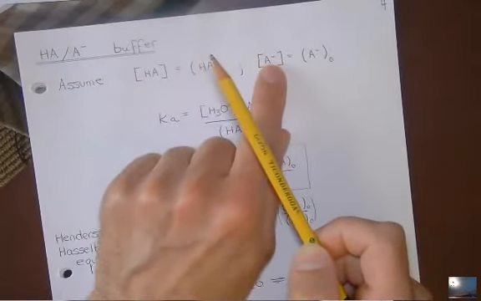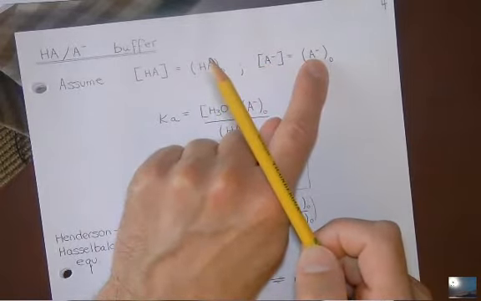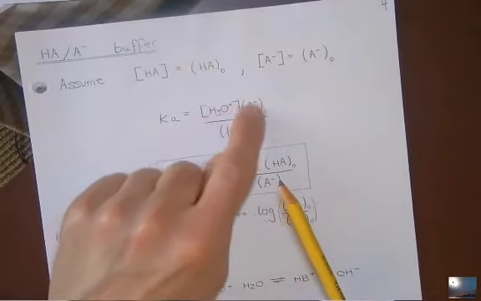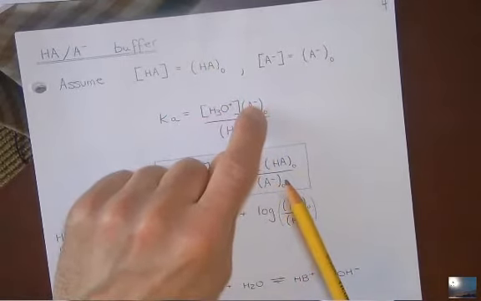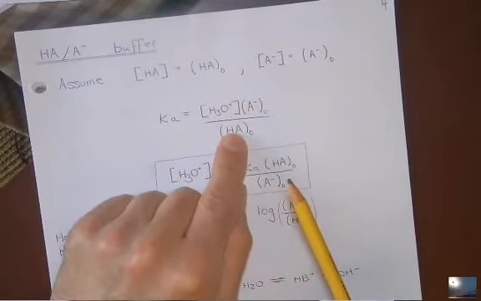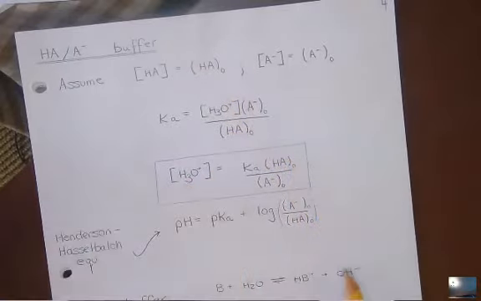And the concentration of the conjugate base is equal to its initial concentration. So Ka is always going to be equal to hydronium times the conjugate base over the original concentration of the acid. Okay, so that's going to happen every time.